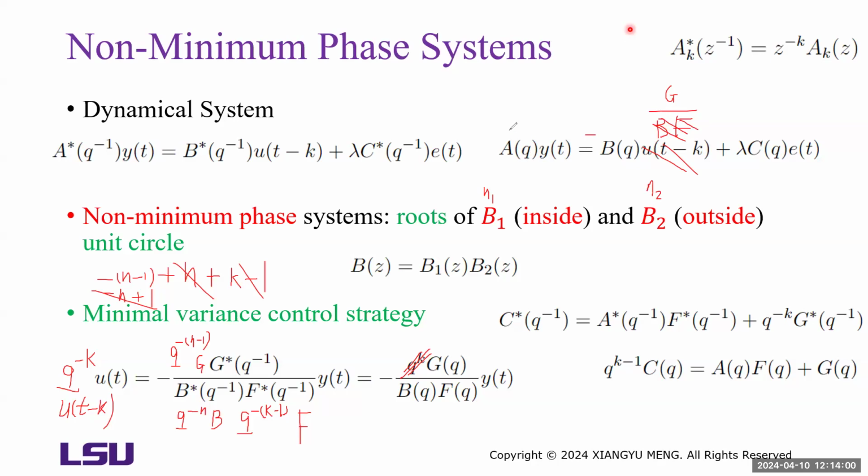So the left-hand side will have A B F y(t) minus B G y(t) as well, equal to lambda B C F e(t). Therefore we have B times (A F plus G) y(t) equals lambda B C F e(t).